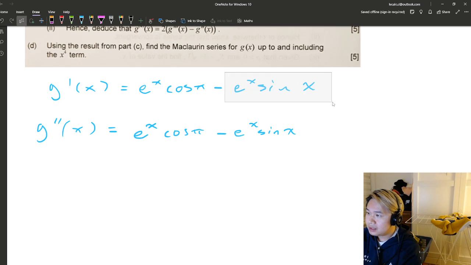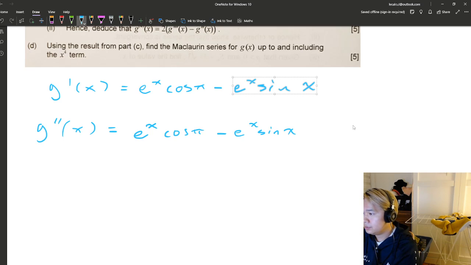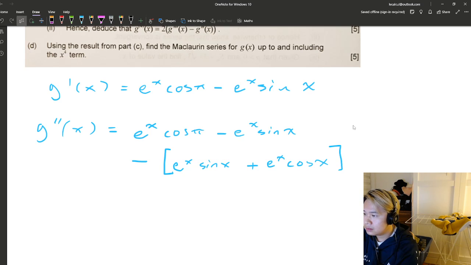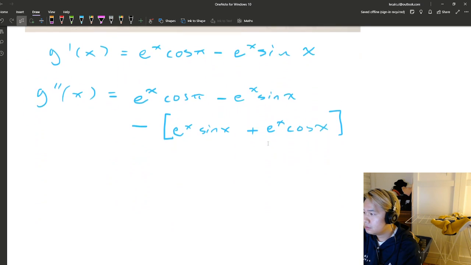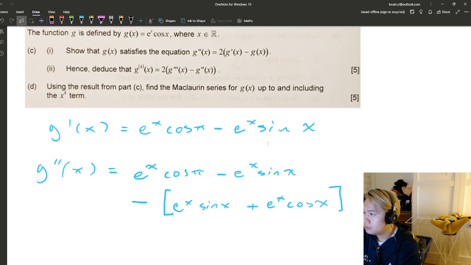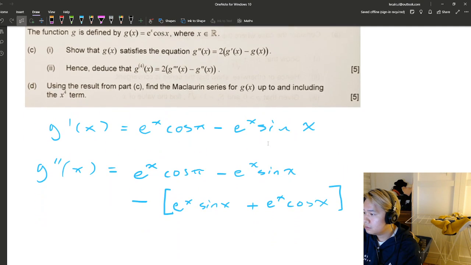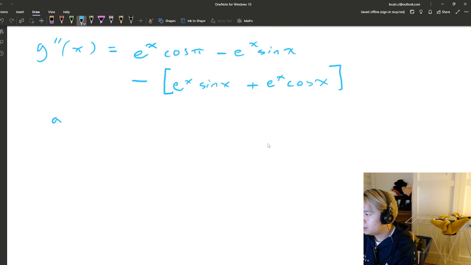And then we will need to take the derivative of the second term, minus bracket, e x sine x plus e x cosine x. Okay. So g double prime is 2e x cosine x.